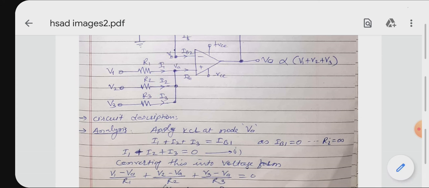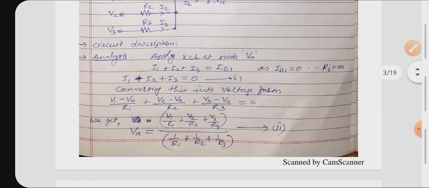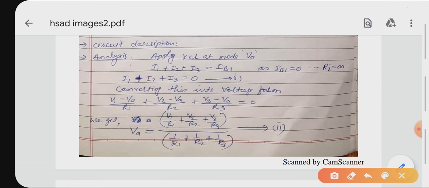Converting this equation into voltage form, I1 will be equal to V1 minus VA divided by R1, because I1 is the current flowing through R1 from V1 to VA. I2 is this and I3 is this one. So finally you can get VA is equal to this equation. Give this equation as equation number 2.